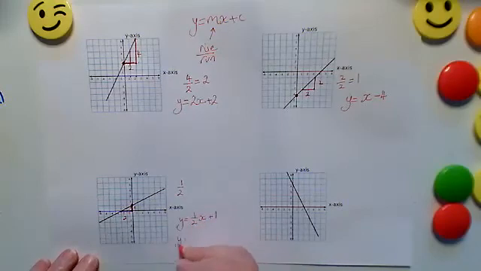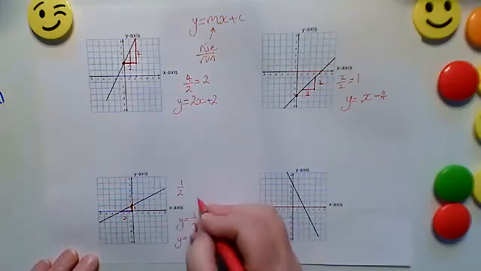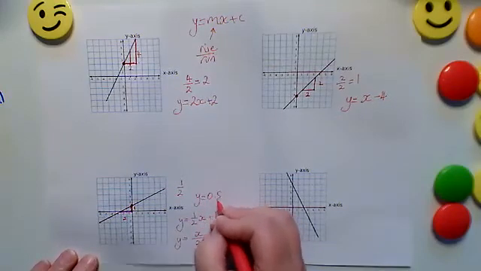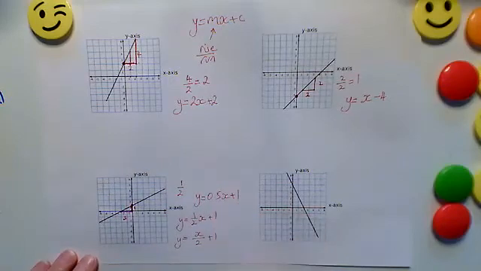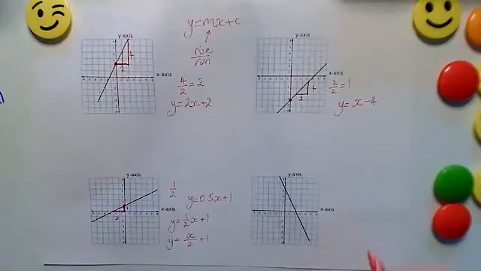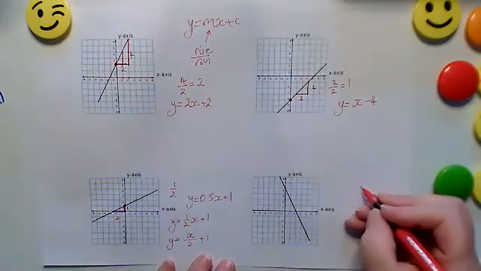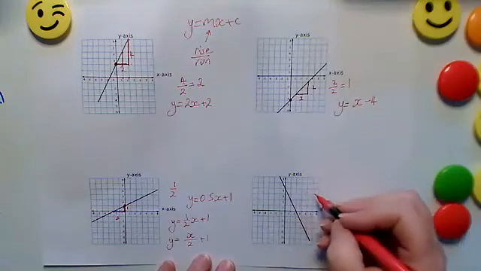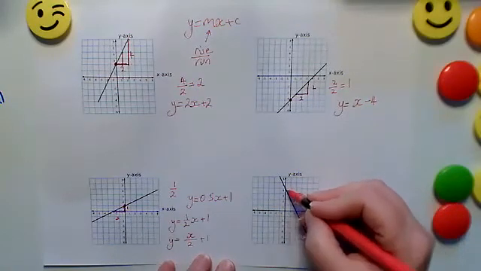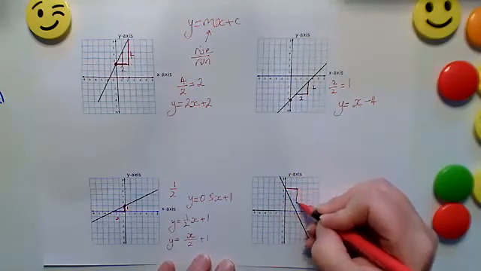Now, half of x, you can also see as written as x over 2 plus 1. And if you want, you can write it as the decimal equivalent. Okay, 3 ways, all meaning the same line. Now, the final one, again, is backward sloping. So we know we're going to have a negative gradient, but let's just see what that gradient should be. Let's draw a triangle here.